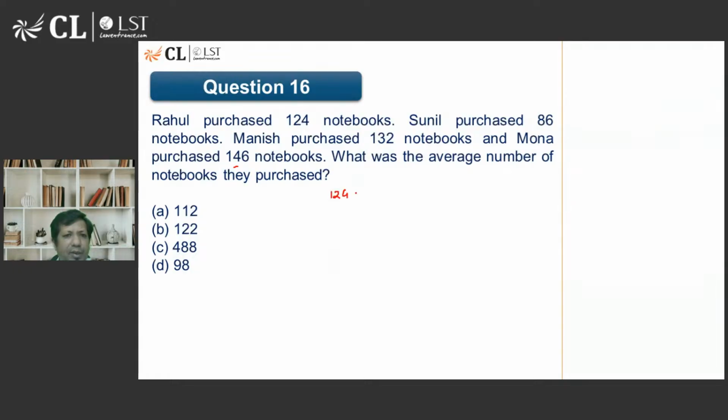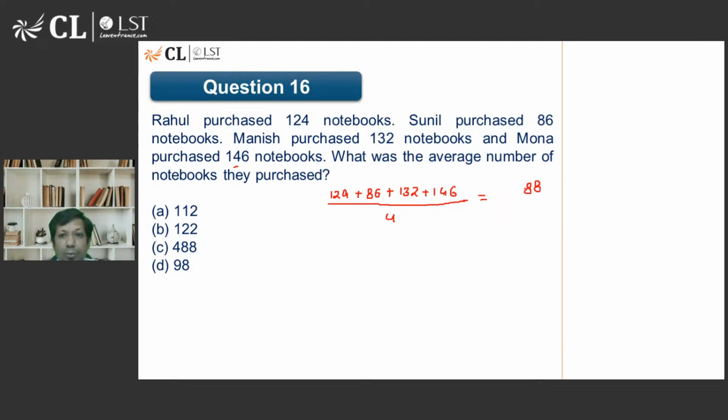So the average number, this is a fairly easy question. That is 86 plus 132 plus 146. Divide by 4. So 4 plus 6, 10, 10 plus 2, 12, 12 plus 6, 18, so 8. Carryover is 1. So 5 plus 3, 8, 8, 8, 16, 16 plus 2, 18, carryover 1.